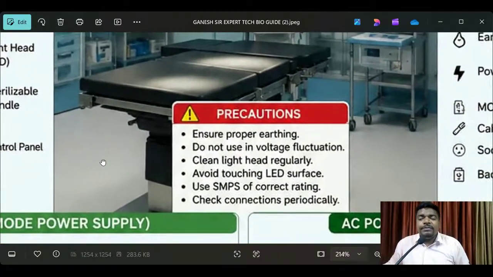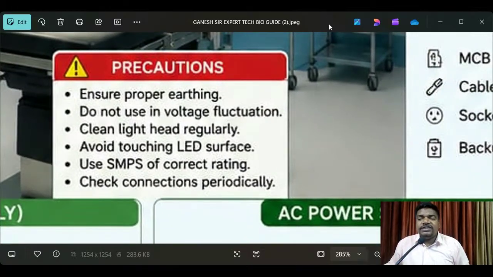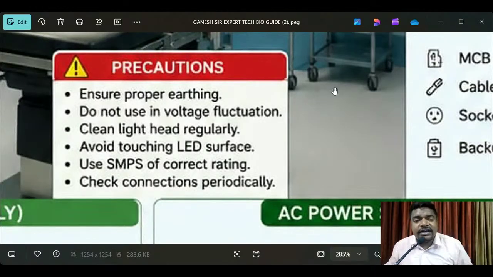Now I want to give the precautions. I'm going to zoom in so it is visible to you. Now successfully 1.5 hours are completed; we started at 9 o'clock and it is 10:21, and let me finish right now. I will provide pinpoint technical guidance.